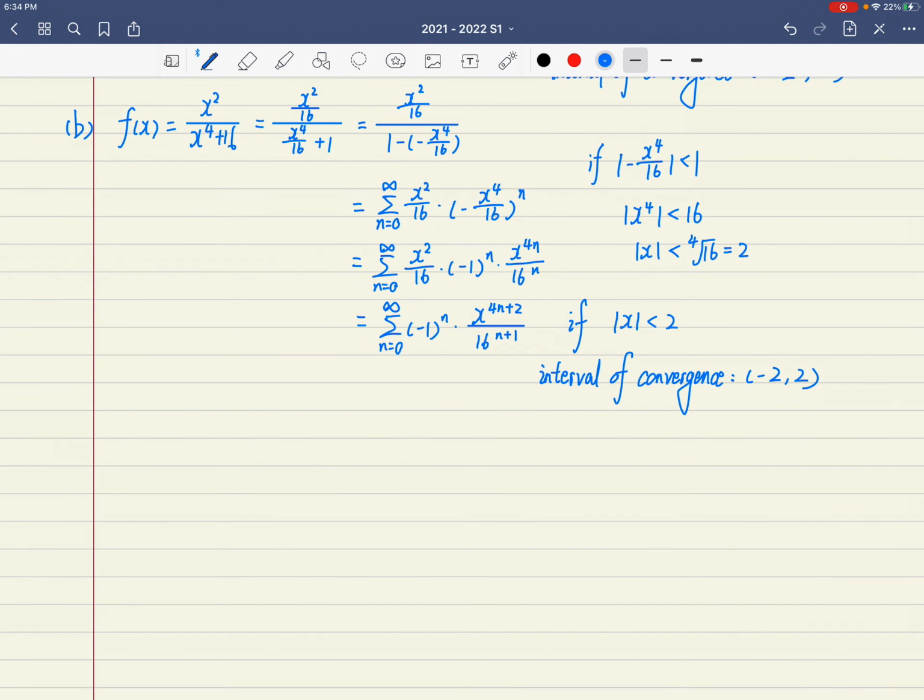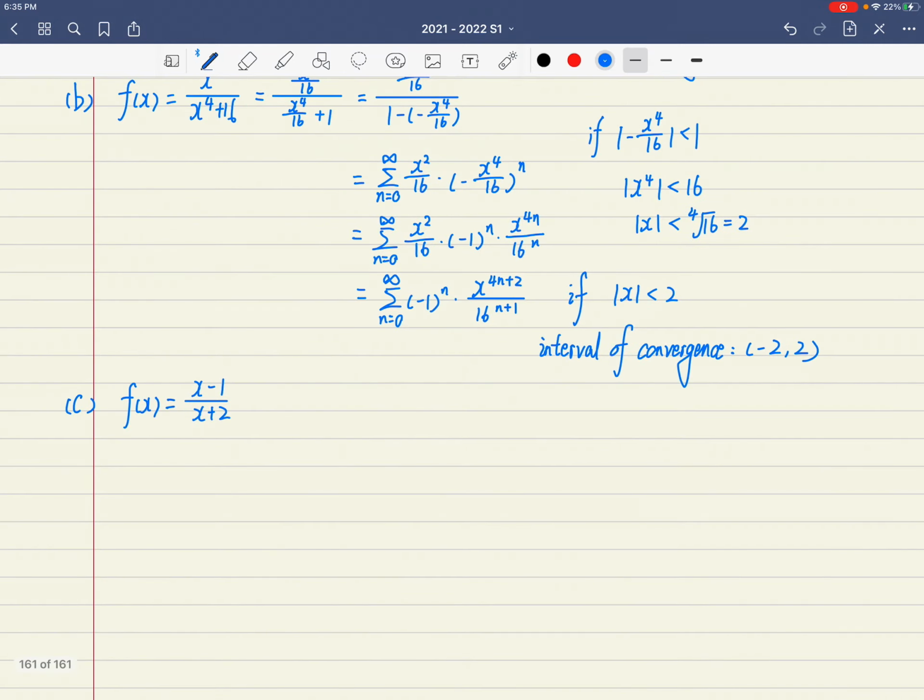Okay, so let's do problem 3. Problem 3, f(x) is x minus 1 over x plus 2. Again, you can just treat the top as a, but we can also do this.